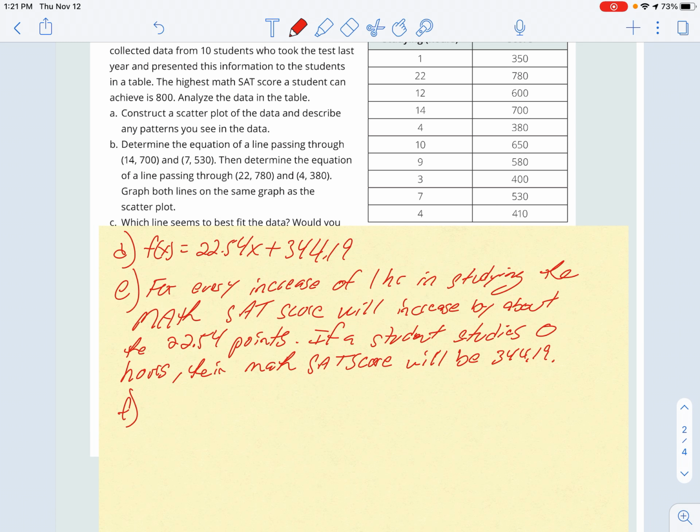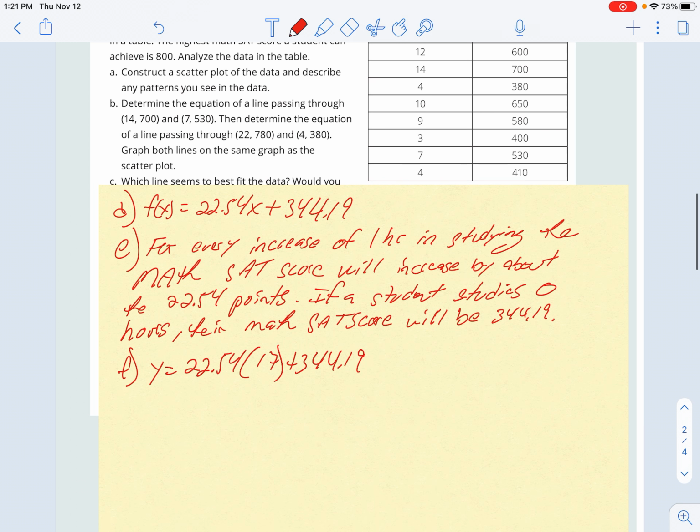So when I plug that in, 22.54 times 17 hours of studying. How's it phrased? Is this prediction reasonable for this problem situation? Explain your reasoning. The prediction is reasonable, and we got a 727.37 score.